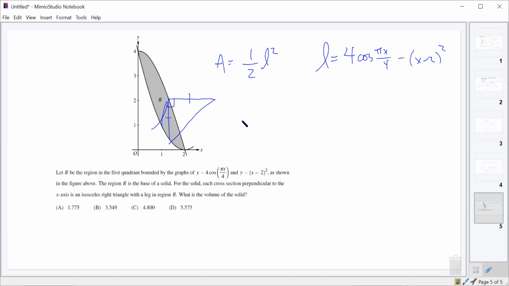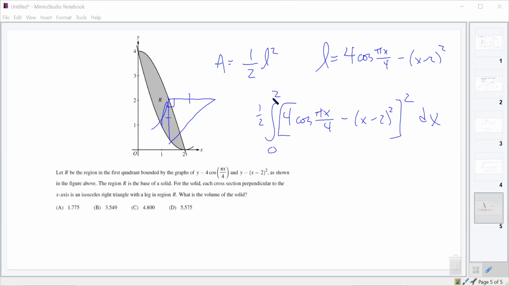And so our integral should become 1/2 of that length squared dx from 0 to 2. You put that into your calculator and have it evaluate that integral, and it comes out to be 1.775. Does that make sense?